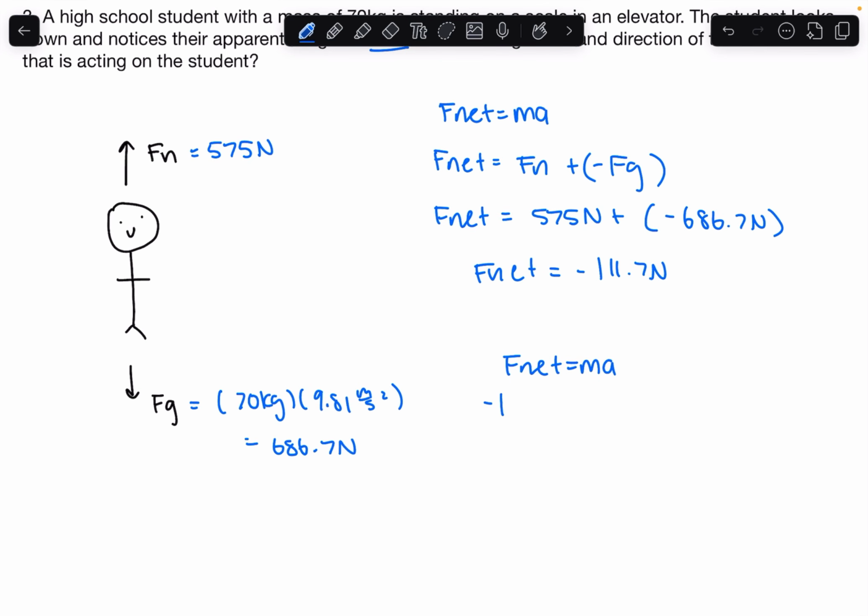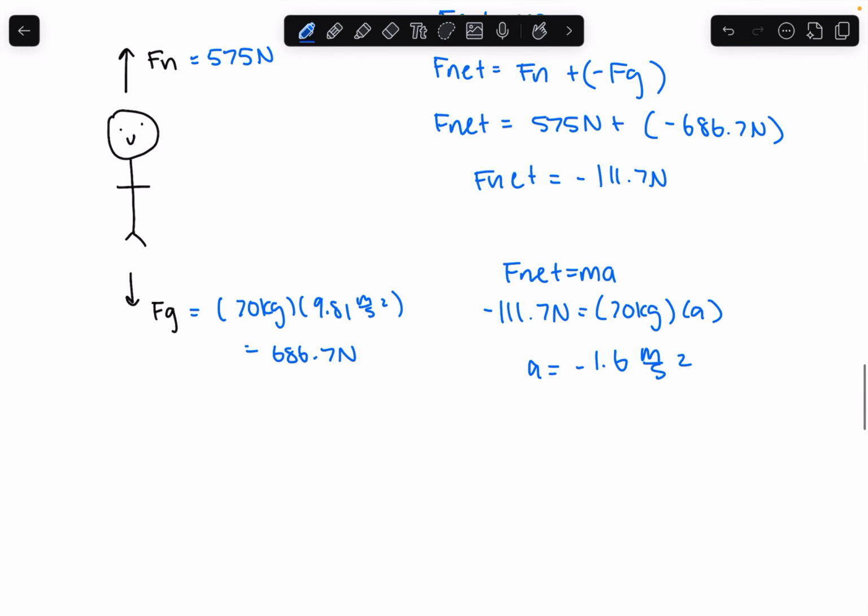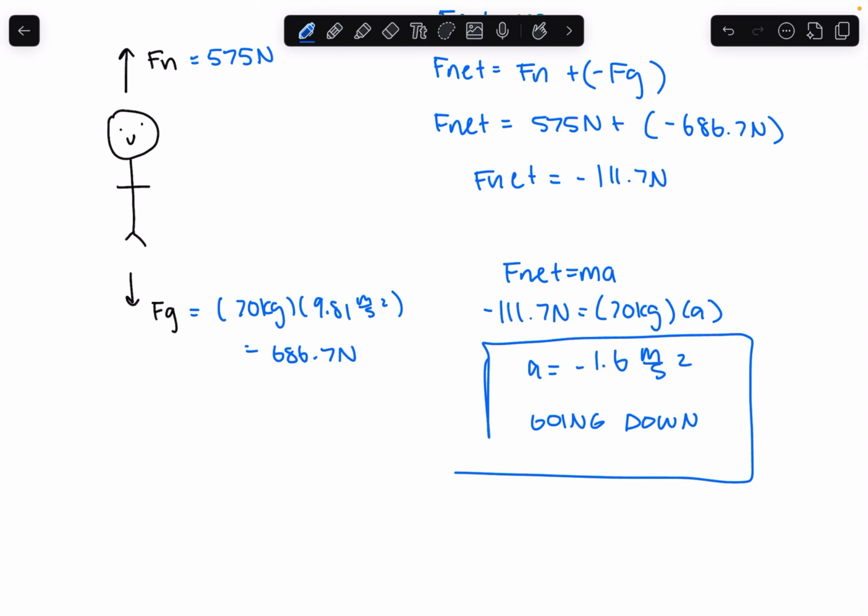So negative 111.7 newtons equals mass of 70 kilograms times acceleration. We're going to get an acceleration of negative 1.6 meters per second squared, and that shows us that it's going down. So this would be our answer.